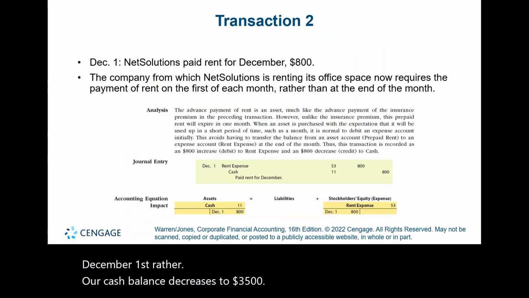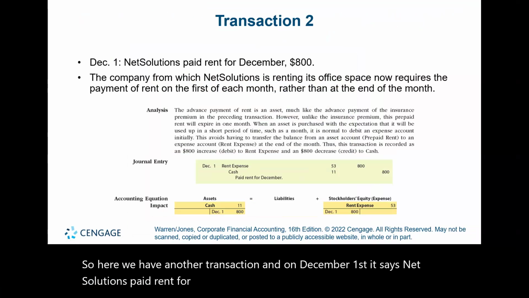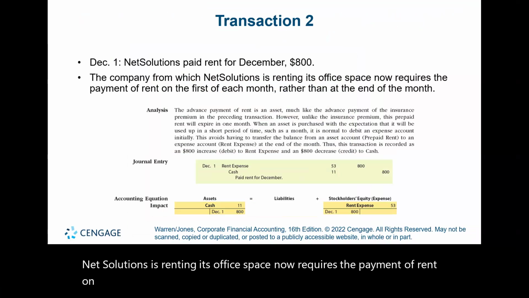So here we have another transaction. On December 1st, it says Net Solutions paid rent for December of $800. So the company from which Net Solutions is renting its office space now requires the payment of rent on the 1st of each month, rather than at the end of the month when you've used up the rental space.